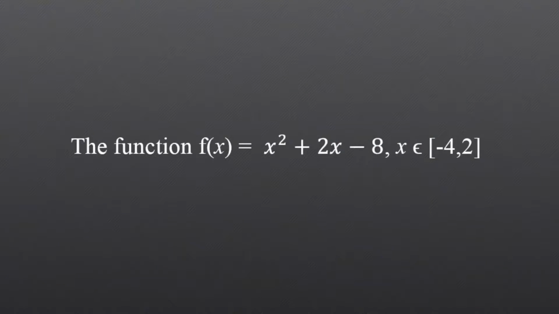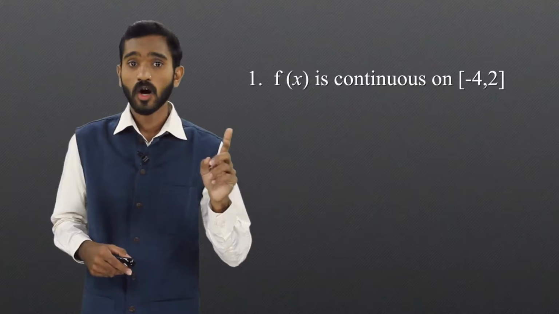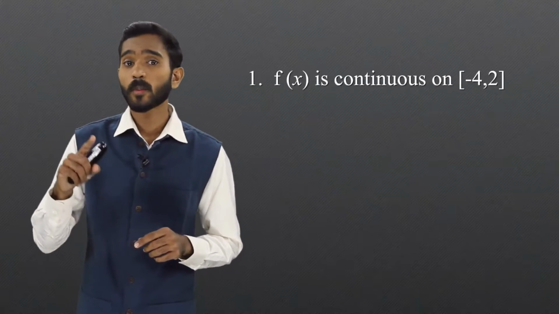Now let's move on to the answer. The function f of x is equal to x square plus 2x minus 8 for all x element of closed interval minus 4, 2. Here, in order to prove or verify Rolle's theorem, we must prove 3 conditions. The first condition, f of x must be continuous on closed interval minus 4, 2.